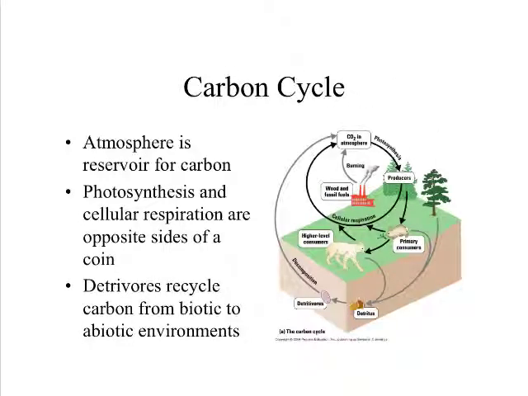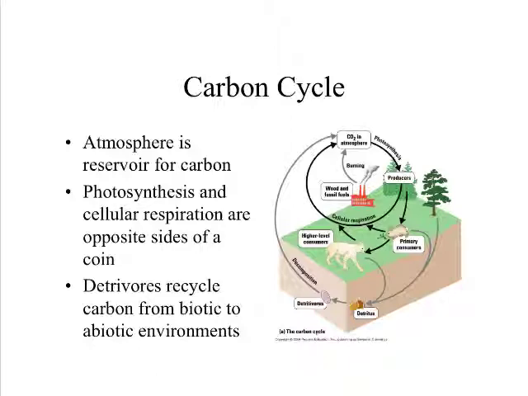So here's a very quick glimpse at the carbon cycle. Like I said, carbon is in the atmosphere as CO2 gas, and so the atmosphere is basically the reservoir for carbon. Now, photosynthesis takes that carbon dioxide in to make glucose and releases oxygen. And then you remember the animals are going to eat the glucose in the plants and convert it back into carbon dioxide.